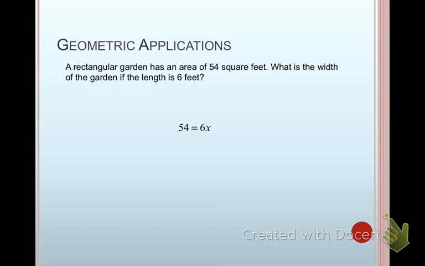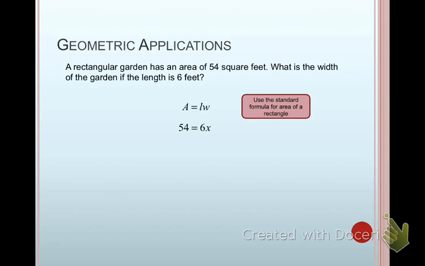Okay. The next problem tells us a rectangular garden has an area of 54 square feet, and we want to know the width of the garden if the length is 6 feet. Remember that area equals length times width is the standard formula for area.